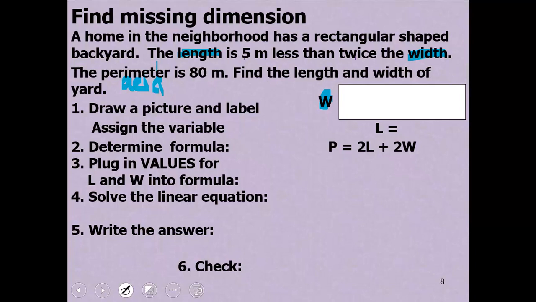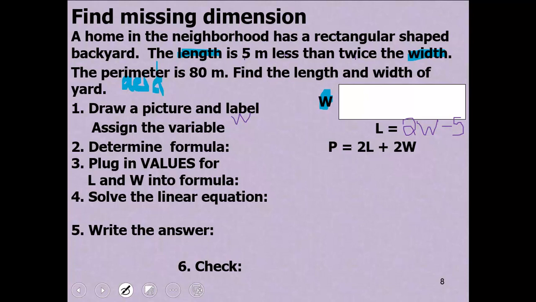So I have twice the width minus 5. My variable is W for width, because once I find the width, then I can find the length. And then my formula for perimeter of a rectangle is P equals 2L plus 2W.